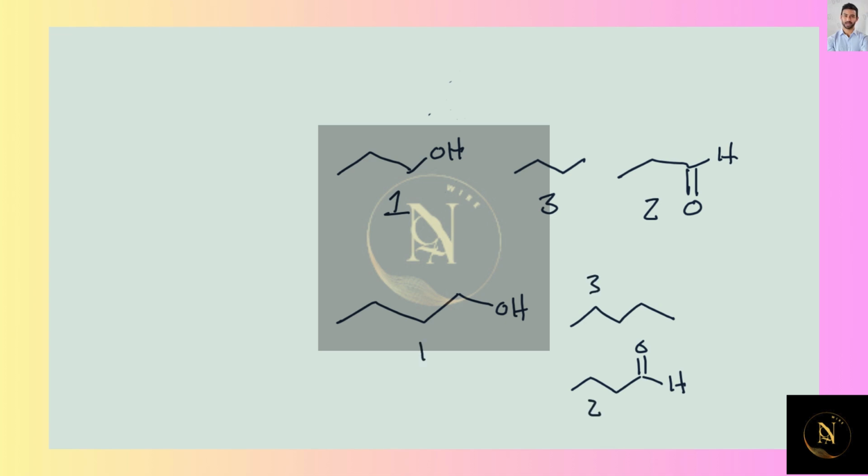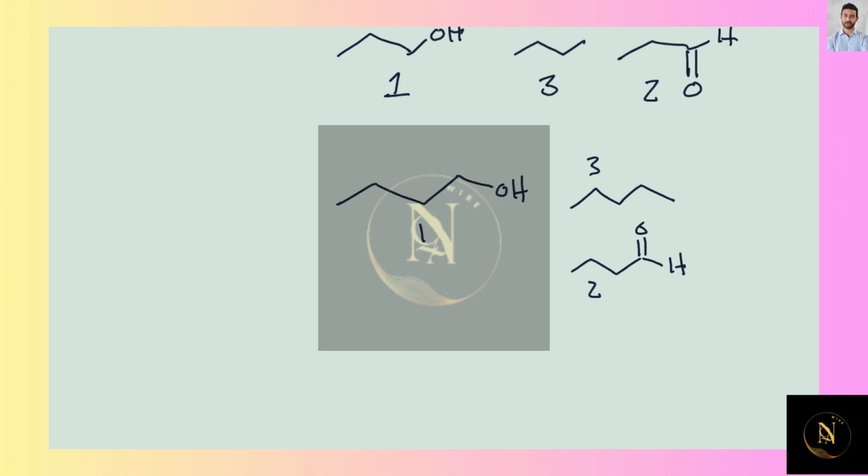So what is the pattern that identifies the relative boiling points of alkanes, ketones, and alcohols of roughly equal molecular weight?